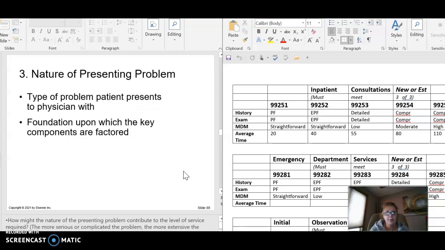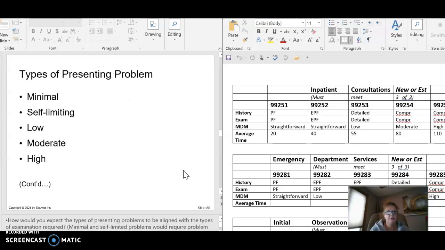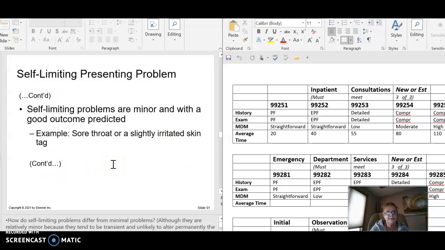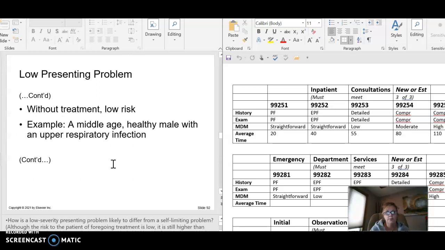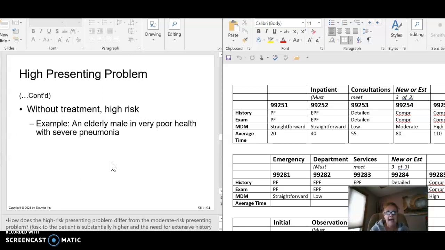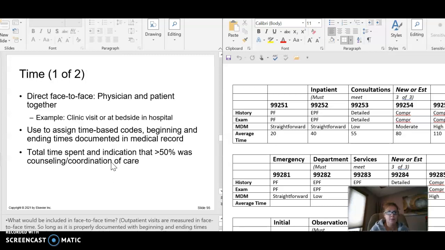Nature of presenting problem is the type of problem the patient presents to the physician. Types of presenting problems, we go through each area here: minimal, self-limiting, low, without treatment, moderate, high, and then we go into the next one, which is time.